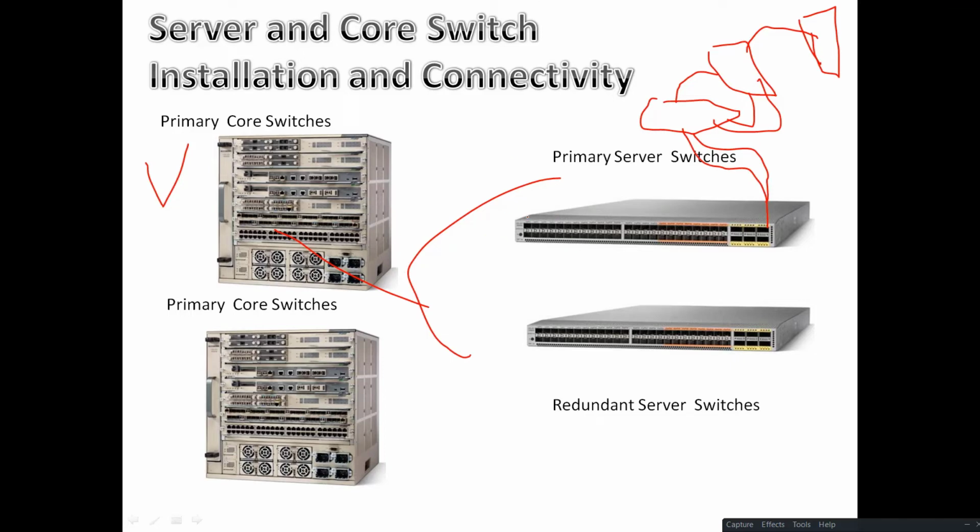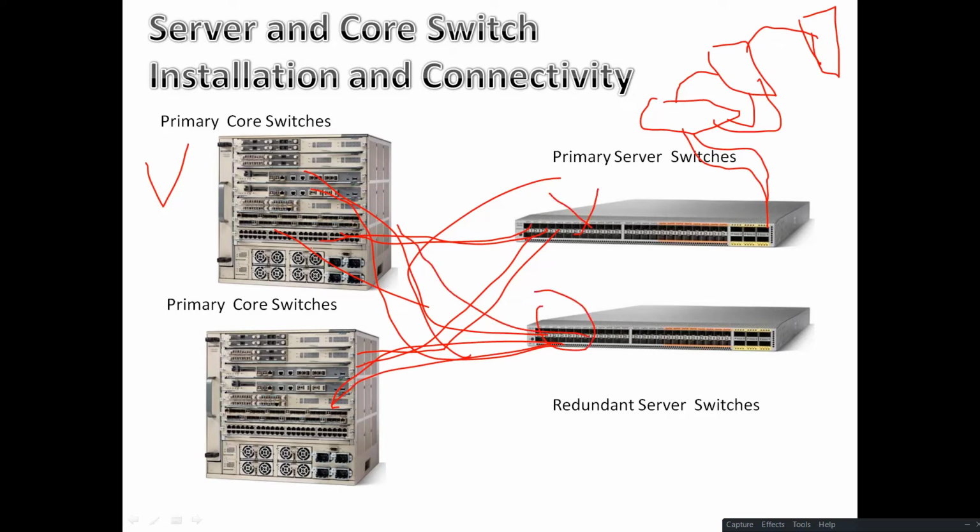So we'll connect similarly: one port here, another port here, another port here, in a redundant way. Both switches should have redundancy like this. If this switch goes down, the other can still reach the core switches, and if one core switch goes down, these two switches still have connectivity to the other core switch.